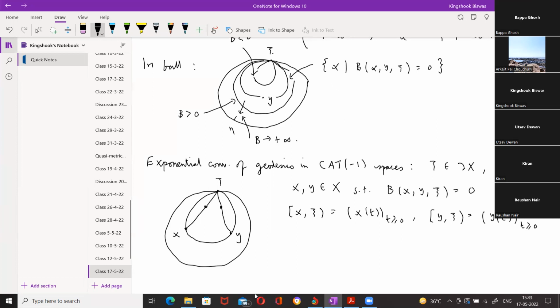Then the claim is the distance between x_t and y_t will go to 0 as t tends to infinity. In fact, these two will lie on the same horosphere also, on a smaller horosphere. This is x_t and y_t.